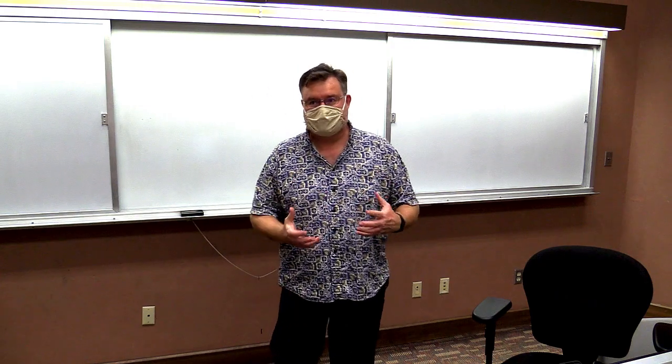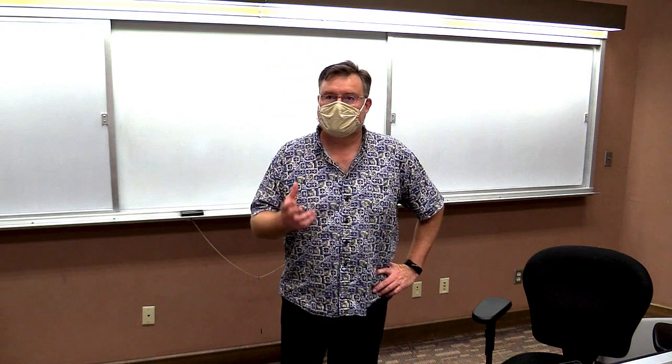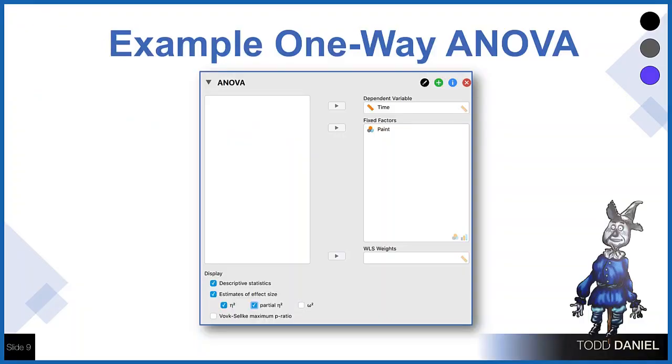So when you're using JASP, many of the beginning points will be exactly the same. For instance, in this example, you will always have the variables in a box, and you move the variables from their, let's say, storage container into where they go in a proper place in JASP.